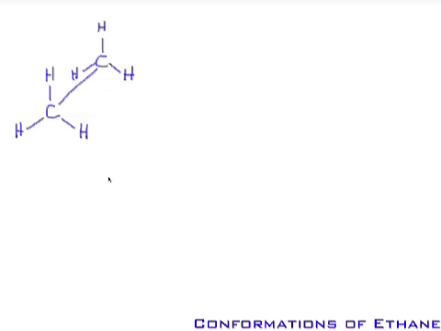So what you see here is the sawhorse diagram for eclipsed. Now what's interesting is what would one see if one put one's eye right here and looked down the carbon-carbon bond? Well, what one would see, if one could see the atoms, would be the carbon atoms.